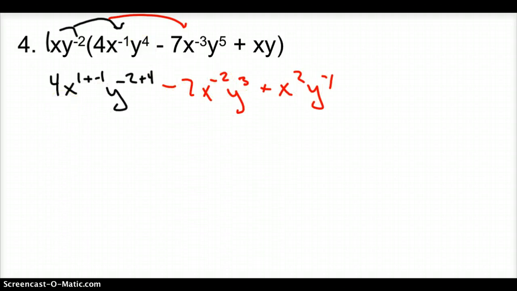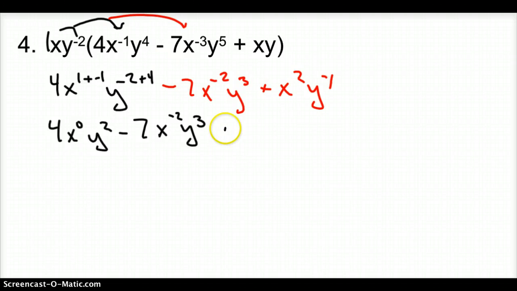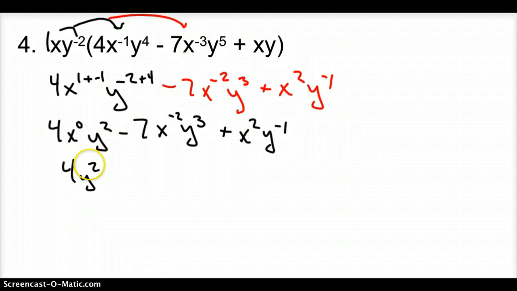So now let's clean this up a little bit. Here I have 4x to the 0, y to the second, minus 7x to the negative second, y to the third, plus x to the second, y to the negative first. Clean some things up more. We have 4y squared, and why is that?